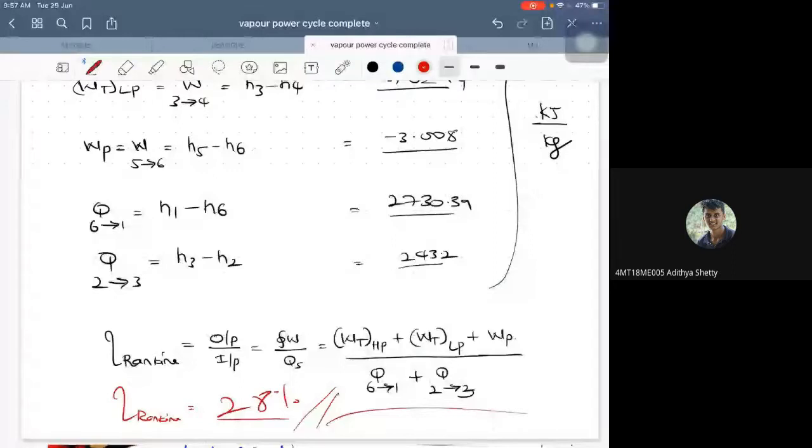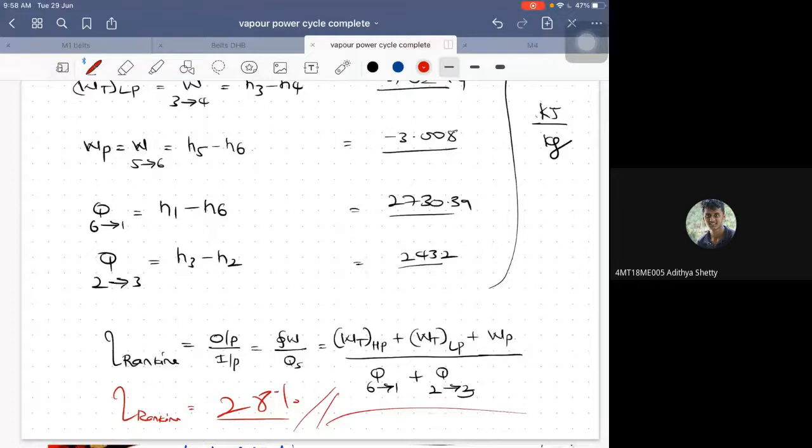So, is that enough that we have solved this particular problem on reheat and then shift to regeneration, or should we solve one more problem on this? It's up to you. Only problems on reheat and regeneration are left.